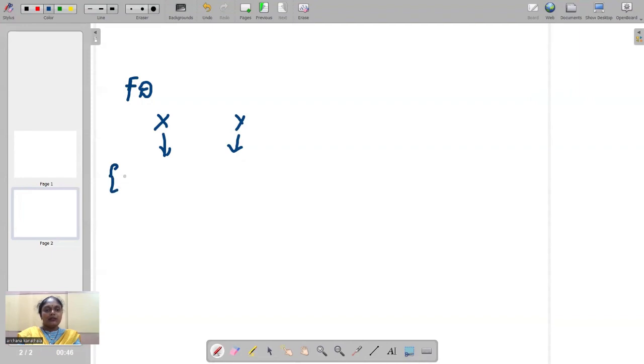So X has the attributes A, B, C, and Y has the attributes D, E, F. Now, we can write X arrow Y, which means that X determines the value of Y, or Y is functionally dependent on X. To get the value of Y, we can use X. So this is the meaning of functional dependence.